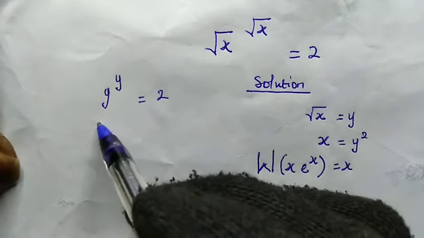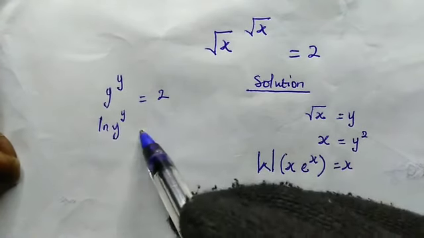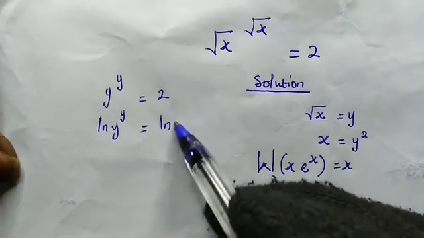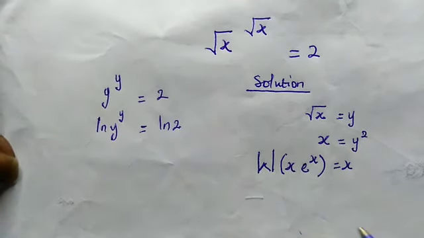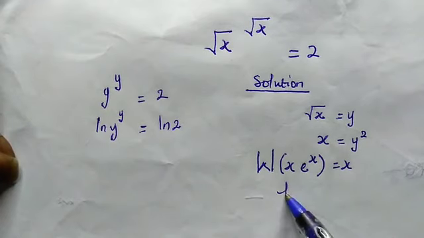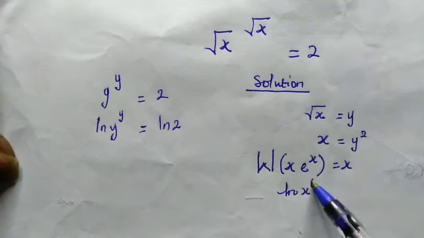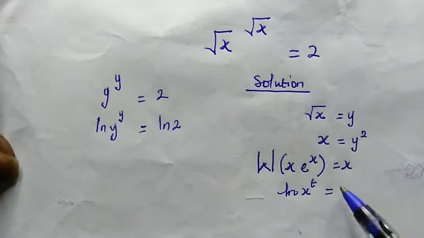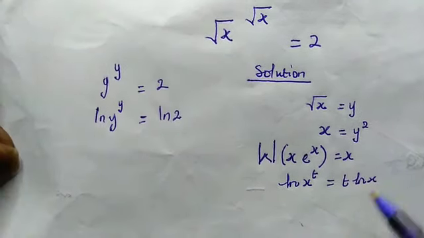So let us ln both sides of this equation. So here we have the natural log of y raised to the power of y. This is equal to the natural log of 2. Now with the property of the natural logarithm, that the ln of, let's say we have x raised to the power of t, this is equal to the power crossing over, we have t times the ln of x, right?